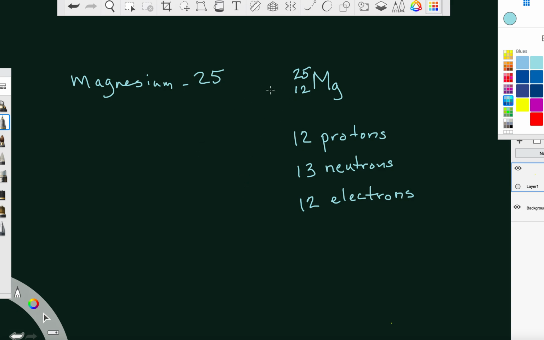As long as you remember that this number up top is the total mass of this isotope, which is equal to the number of protons plus the number of neutrons.